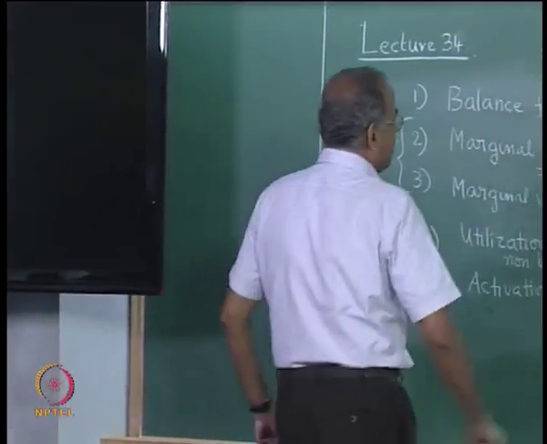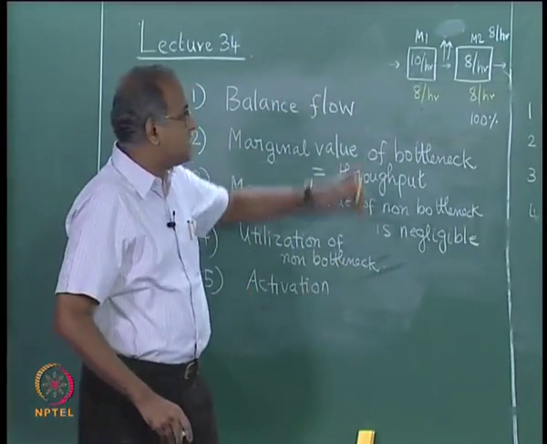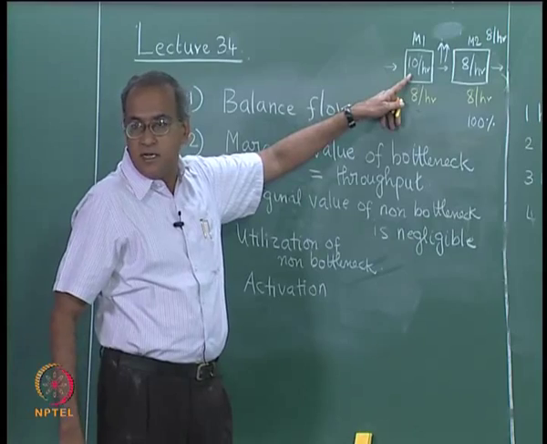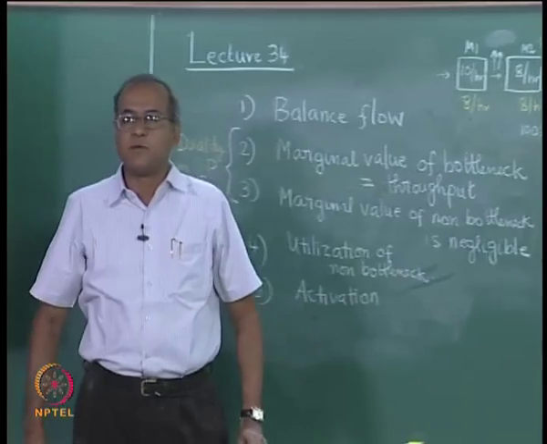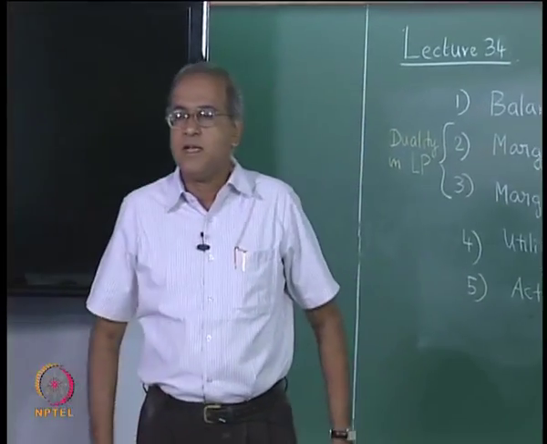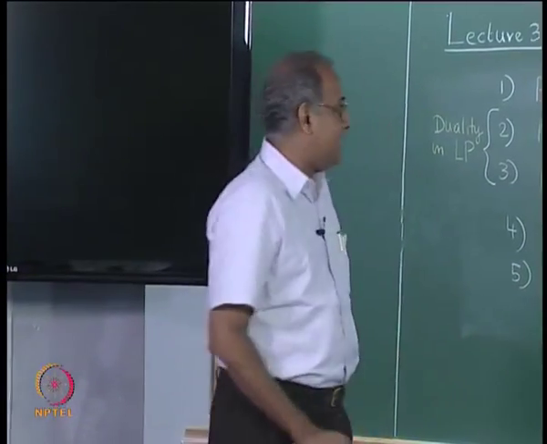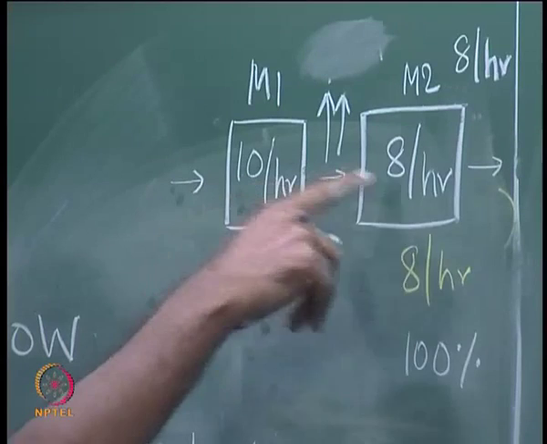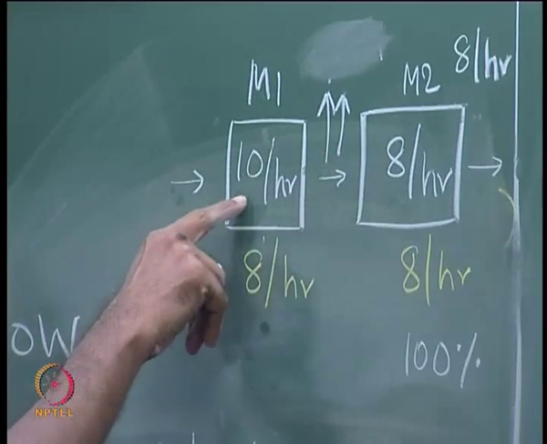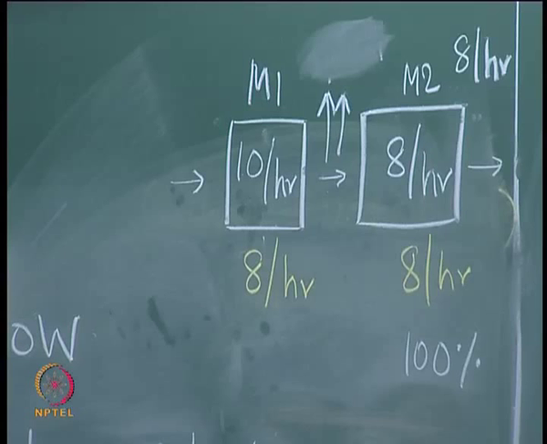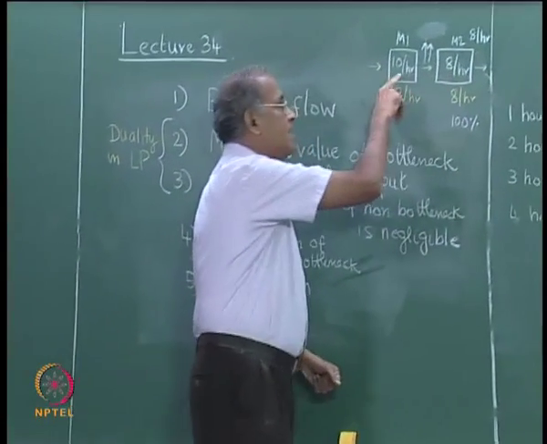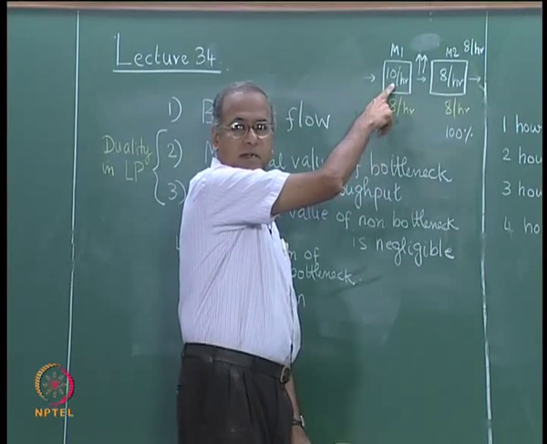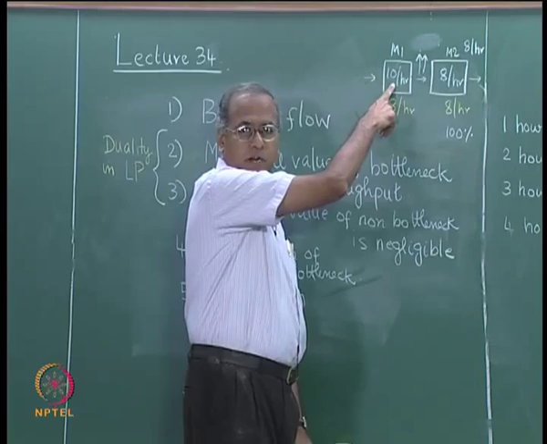Now, because measurement was on utilization, this person would constantly ask, while I can make 10 per hour, why am I being asked to make only 8 per hour? And for some reason, if I am going to get 80% of the incentive that this person is going to get, then this person is not going to accept it, because this person could have got 100% of the incentive if this person had produced at the rate of 10 per hour.